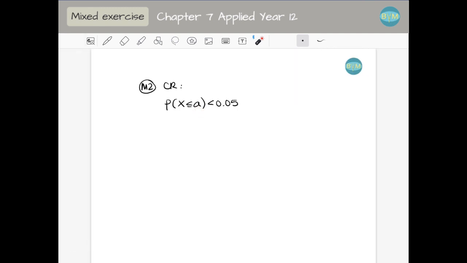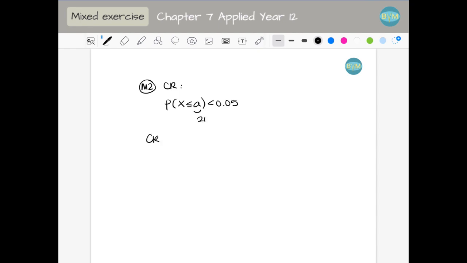You use binomial CD. N is 30. And then you just have to check which is the first value smaller than 0.05. So let me do that, just a second, because I don't have the value. The first one smaller is when A is 21.